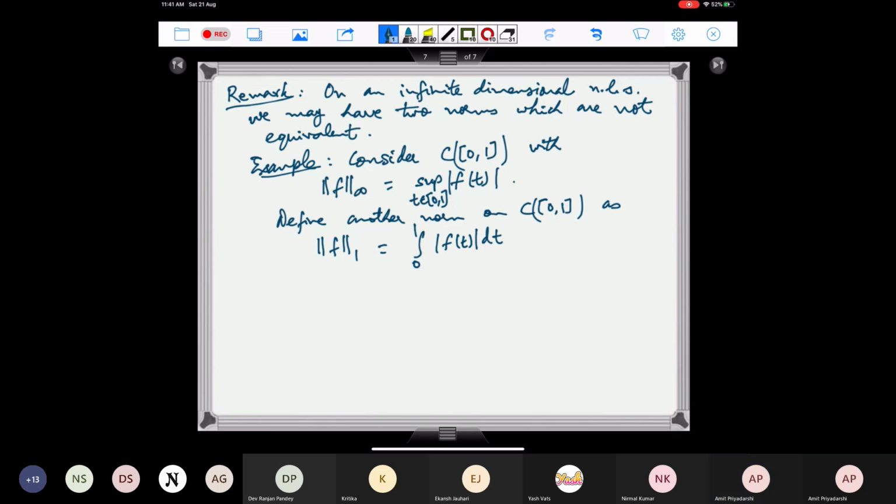To show that these two norms are not equivalent, let's look at a sequence.